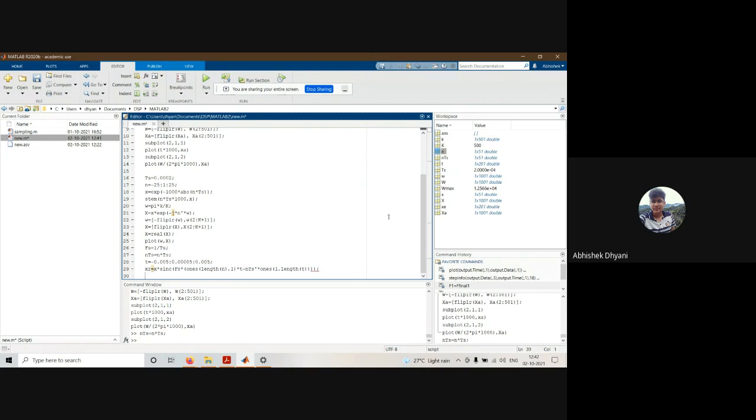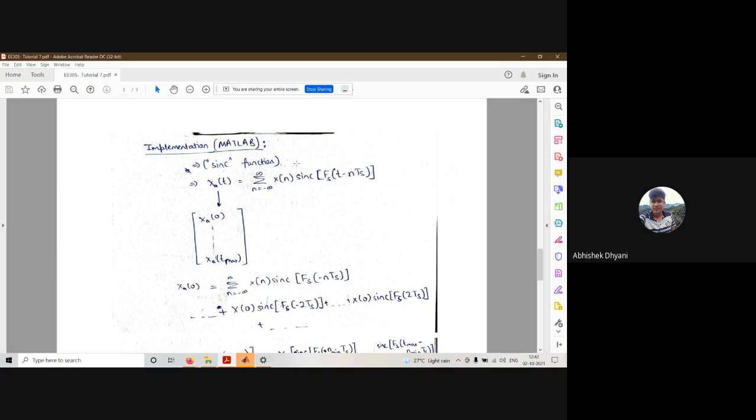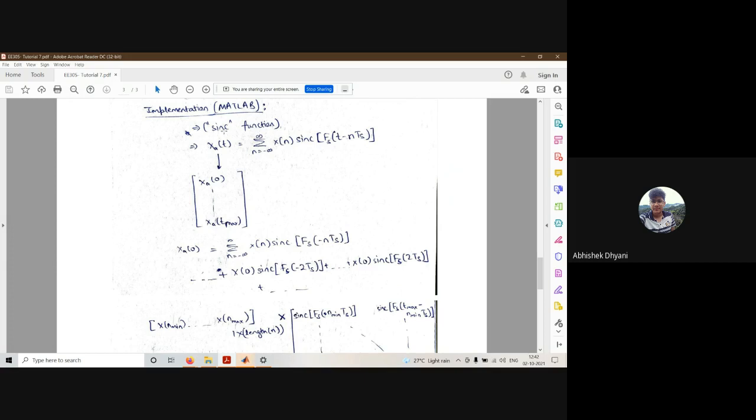Okay. So what I've basically done is, this sinc fs t minus nts. Let's say first of all we are interested in finding xa at the continuous time index of 0. In order to do that, I will just put t equals 0 in this expression and I'll get this part where n is from minus infinity to infinity, x of n sinc fs, I have replaced t with 0, and I have got this minus nts. Now I can write it out as a sum over all n.